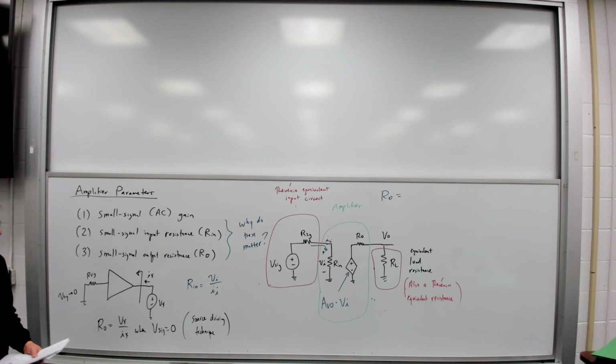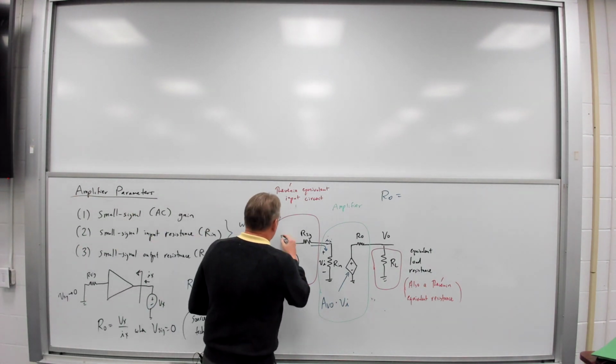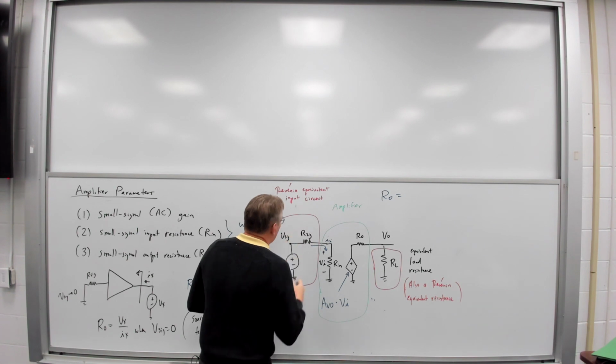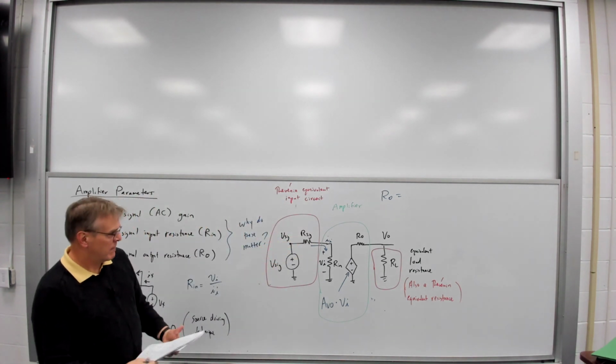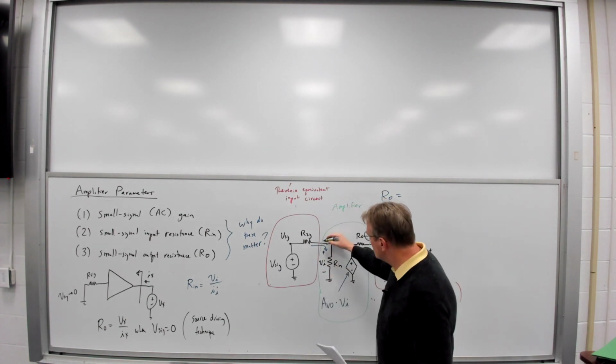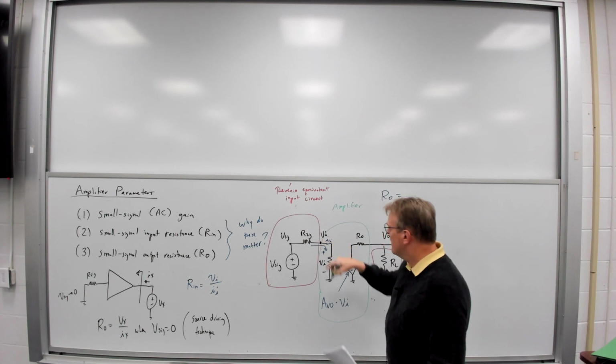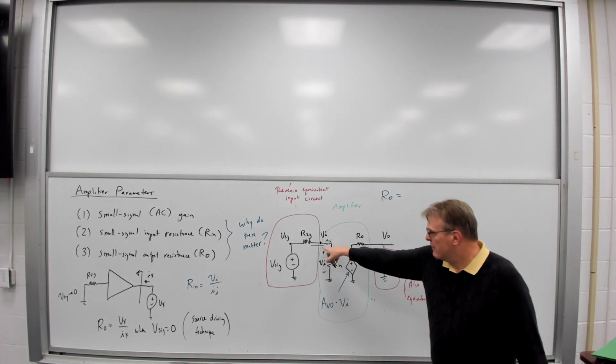Okay. So given this, let's now write some equations. So note here, if I've got V_i here and this is ground, then this node is V_i at that input.